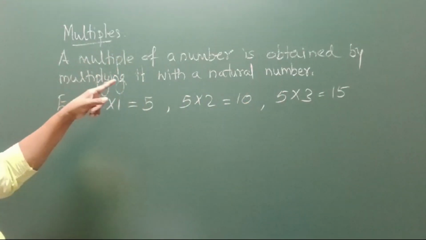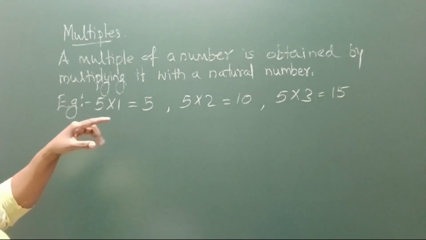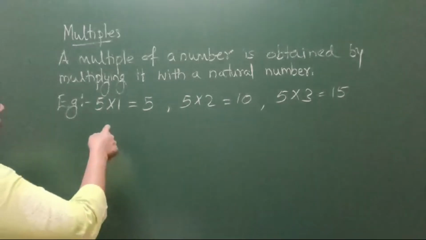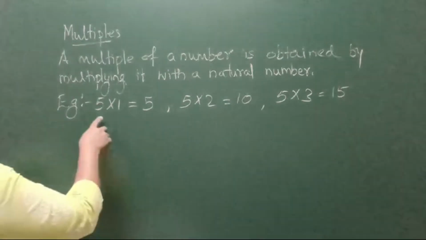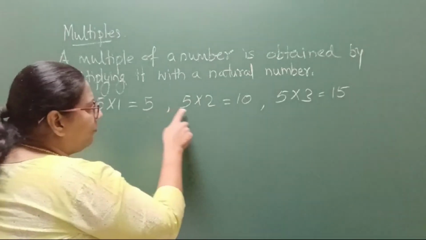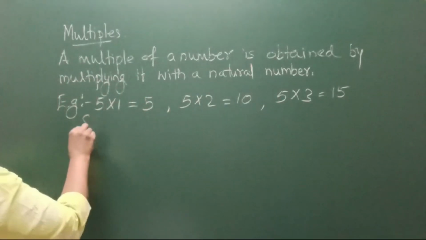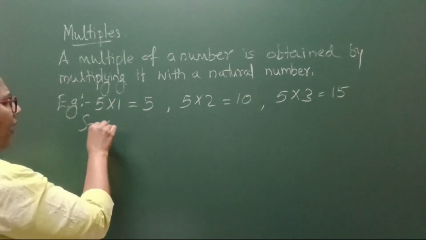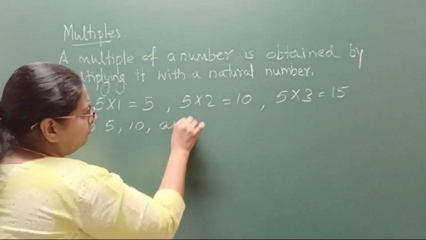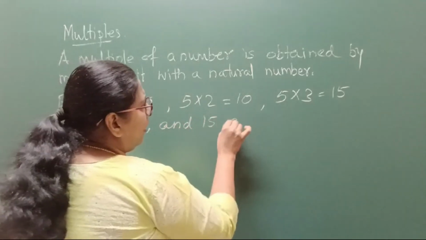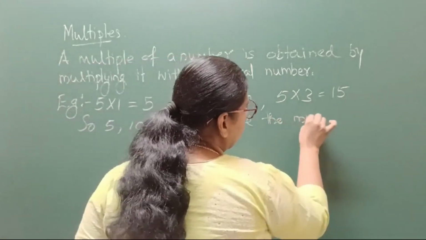So a multiple of a number is obtained by multiplying it with a natural number. 5 ones are 5, 5 twos are 10, 5 threes are 15. So here 5, 10 and 15 are the multiples.